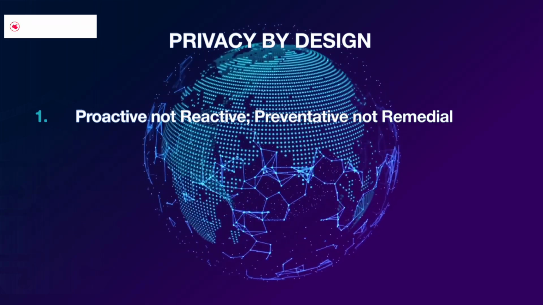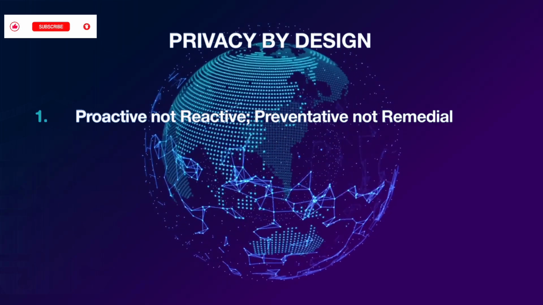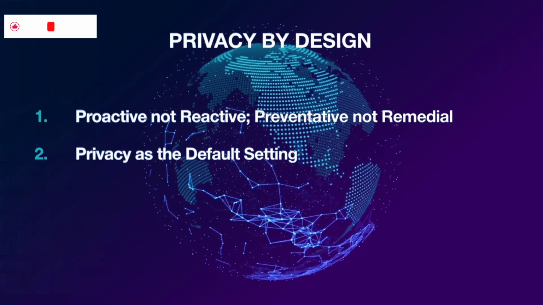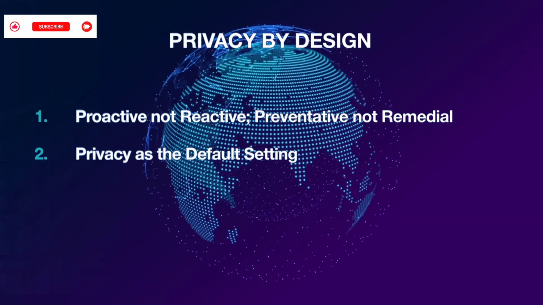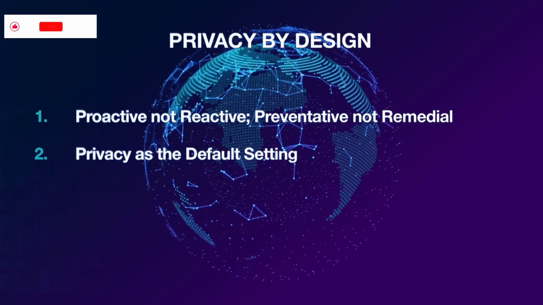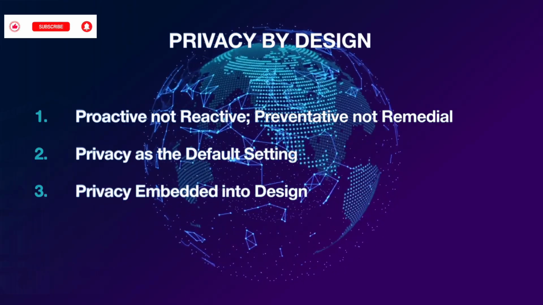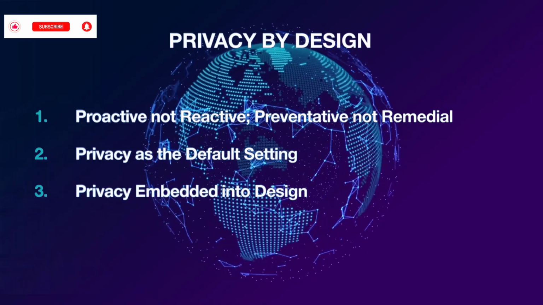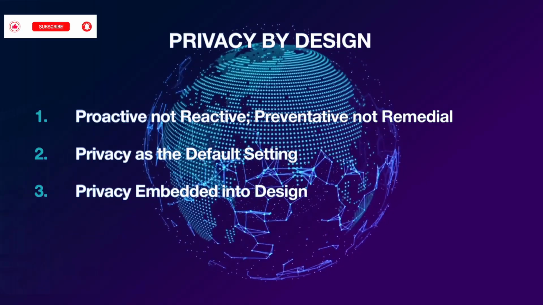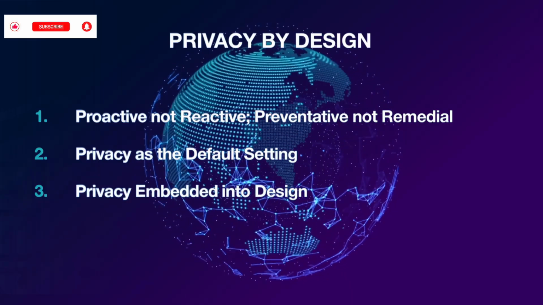The second principle is privacy setting by default. Privacy needs to be the default setting in anything that we are doing. Number 3 is privacy embedded into design. Just like when we consider security being built into the system, now we are looking at privacy being built into the system.